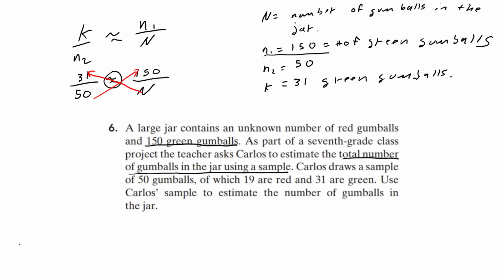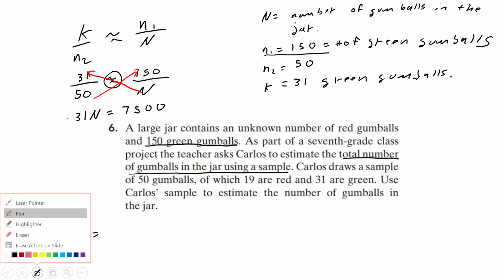And then that gives me 31n will equal 50 times 150. 5 times 15 is 75. Do that in my head, and they both have a 0, so we add 2 zeros to it. And so then, to figure out what n is, we just divide both sides by 31.